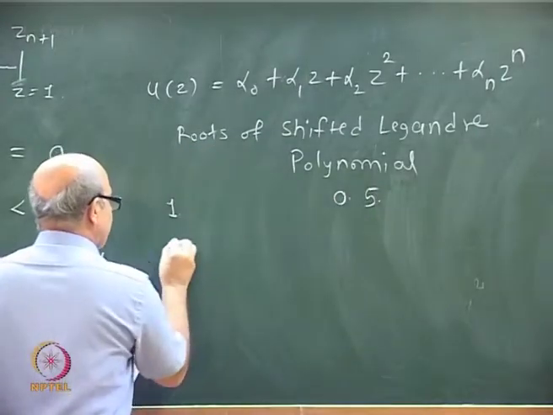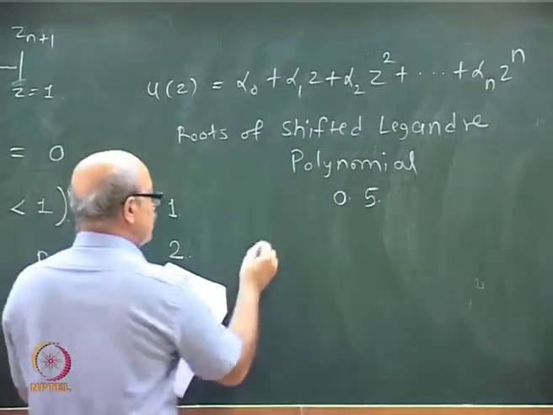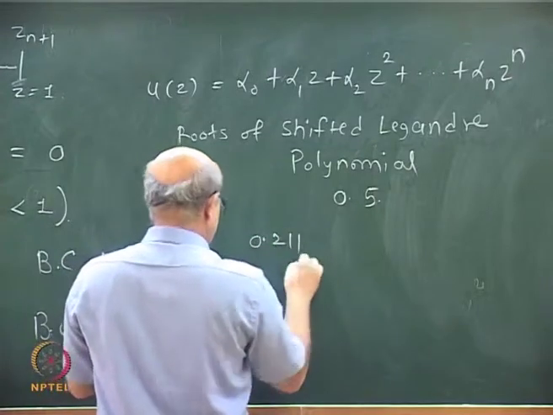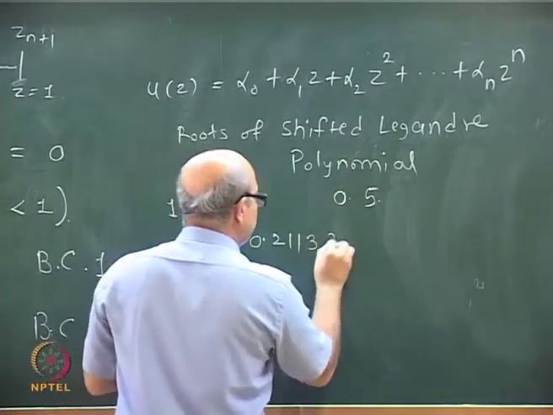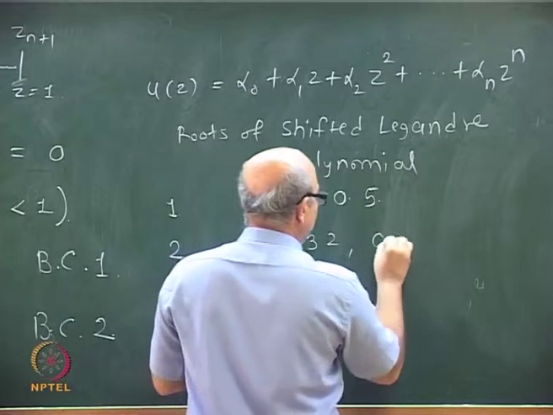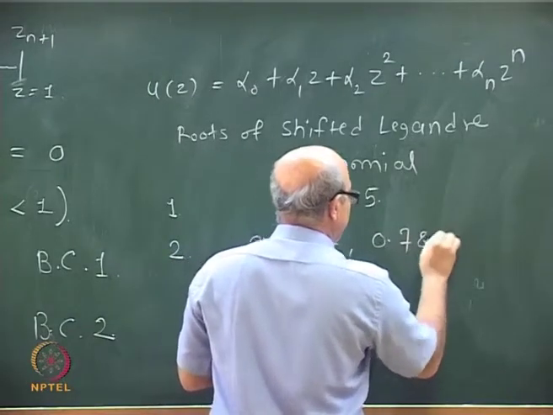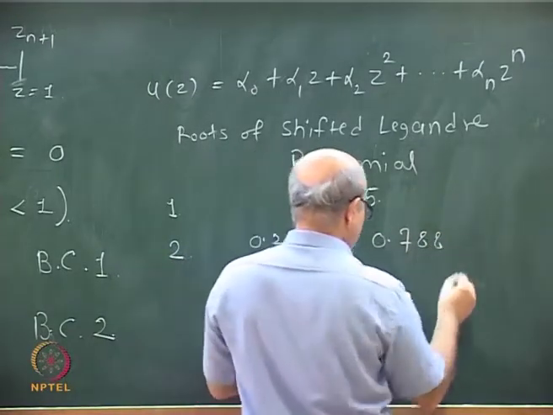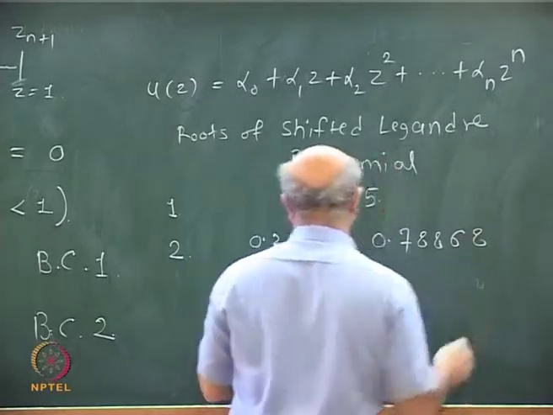If I take the second order polynomial, then the roots are at 0.21132 and 0.78868.